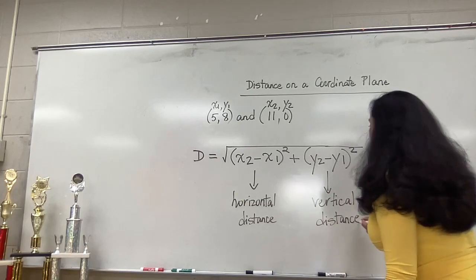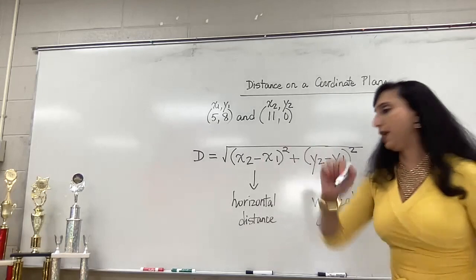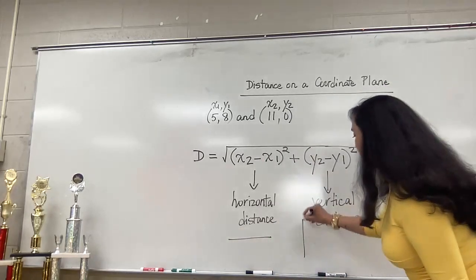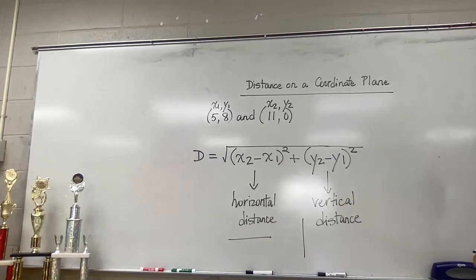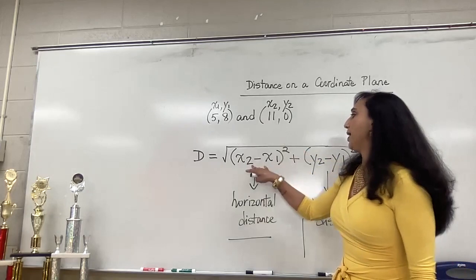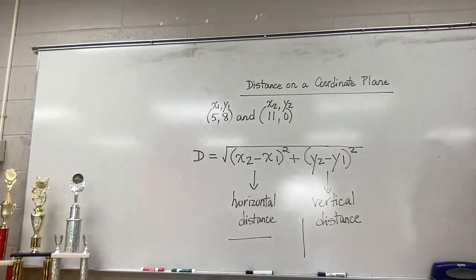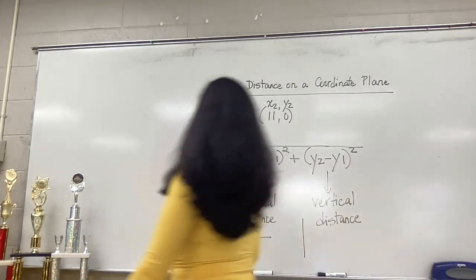When I say horizontal, it means this way, and vertical means this way. Now, in order to solve this, all I'm going to do is incorporate the values that I have in the ordered pairs into this formula. Let me go ahead and do it over here.